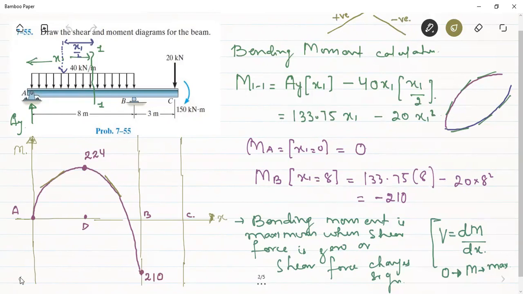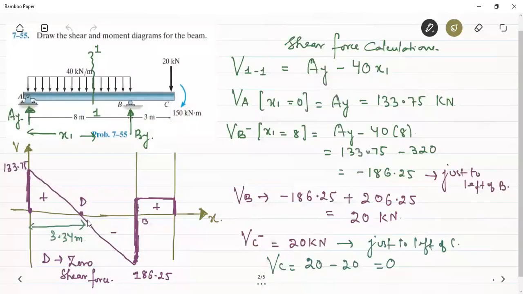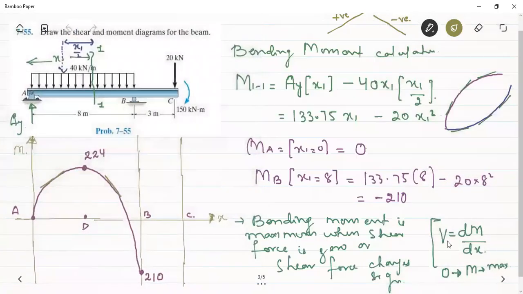Obviously, the shear force in this region is negative, therefore the slope of the bending moment curve will be negative. But from A to D, the shear force was positive, therefore the slope was positive. It's clear from this equation.